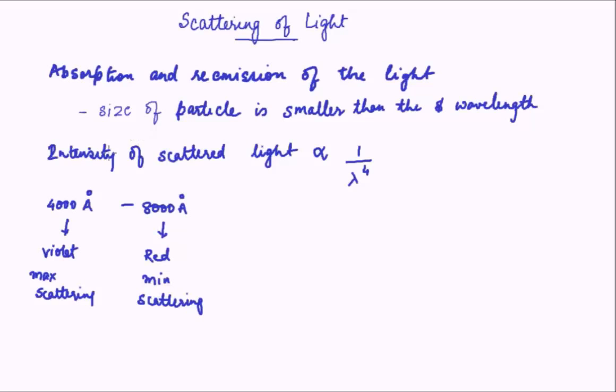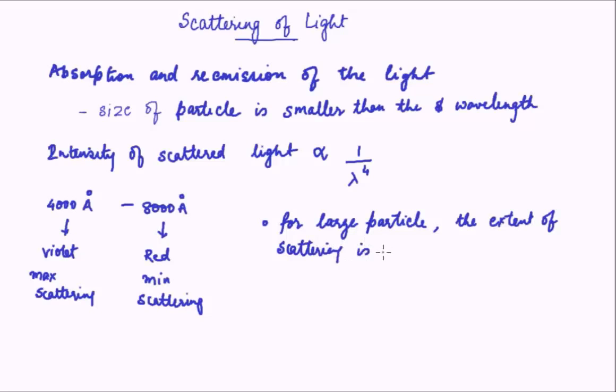And as a result, this has some practical implications. We will discuss those implications in a while, but before that I want to point out another aspect: given that the size of the particle is larger than the wavelength, then all the wavelengths will be scattered to the same extent. So let me write it down.